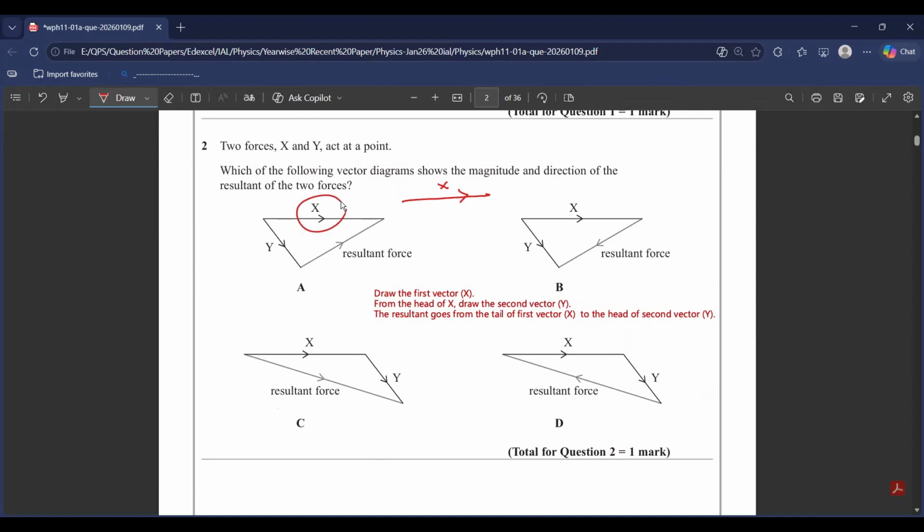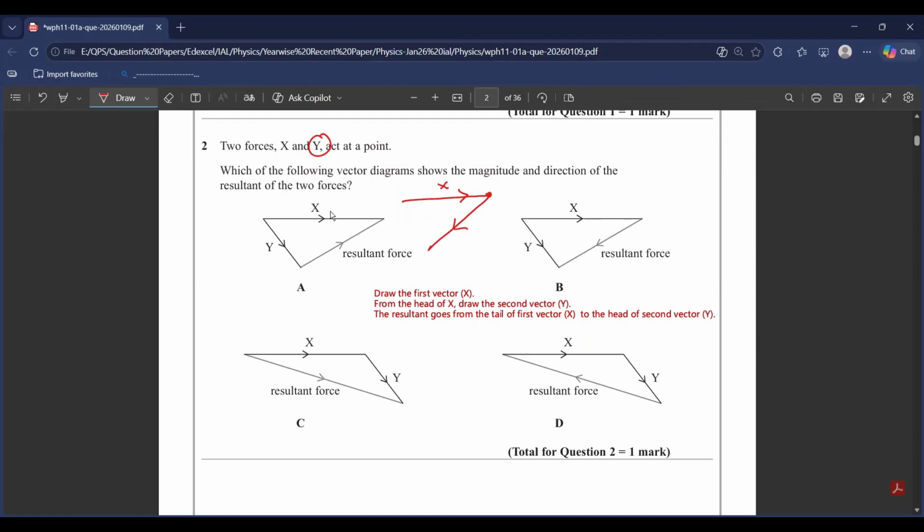Now notice that the first vector has the same direction to the right in all of these, so we don't have a problem with this, right? The second vector, Y, has to always start from the head of the first vector. The tail of the second vector has to connect to the head of the first vector. So it should be looking something like this, right?